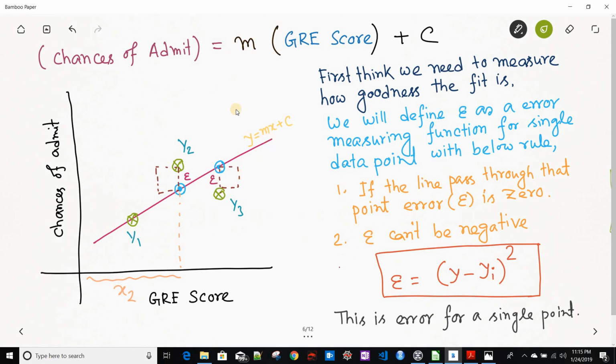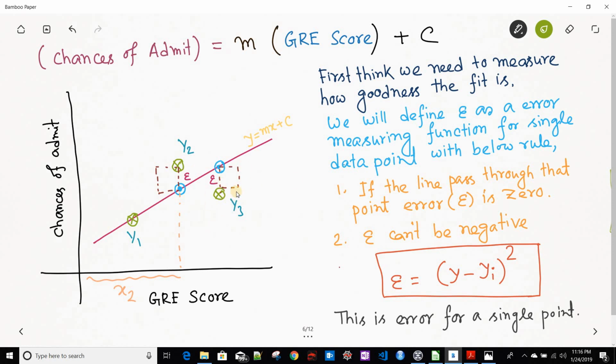And now if I rotate this line to fit it properly, you will see if I rotate this line to the left hand side, that means anti-clockwise, the area of this square will be smaller, but this square will be bigger in size, right? That means we have to come up with a line for which the summation of all the small square errors will be minimum. Okay, so that will be our goal. I think that could be one of the reasons this is called least squares as well.